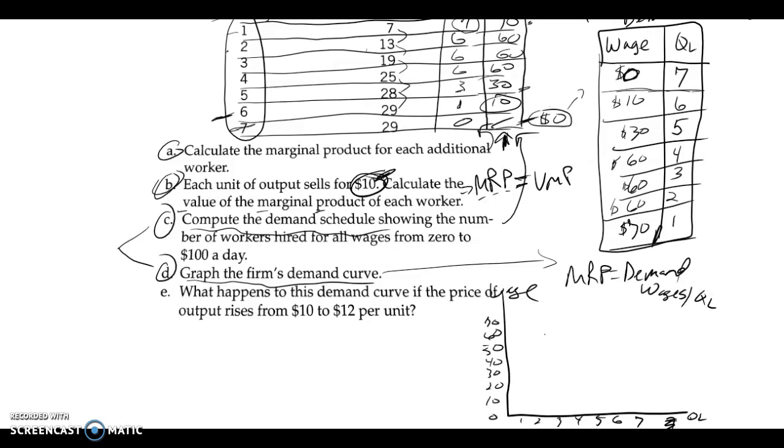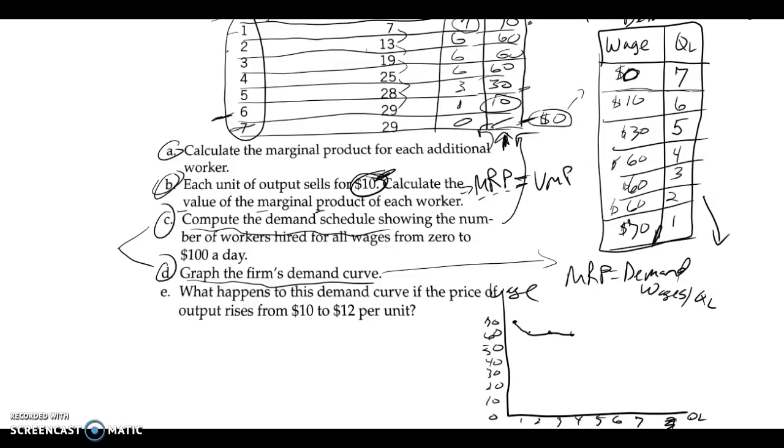If we plot these numbers, you can guess what's going to happen: we're going to have a downward sloping demand curve. So at a wage of 70, plot 1 worker. At 60, we can plot 2, 3, and 4. So our demand curve is a little weird so far.